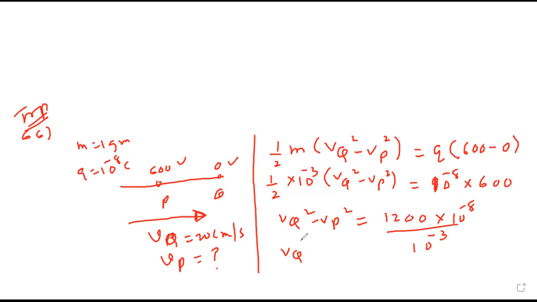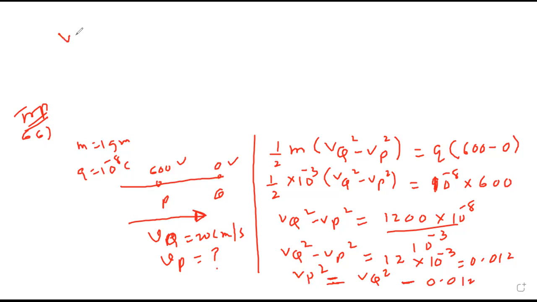Therefore vq square minus vp square is 12 into 10 raised to minus 6 by 10 raised to minus 3, which is 0.012. So vp square will be vq square minus 0.012.